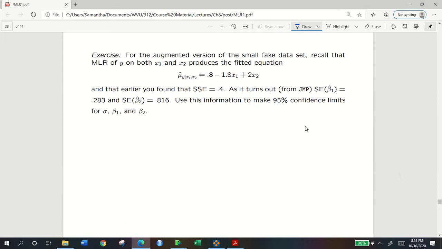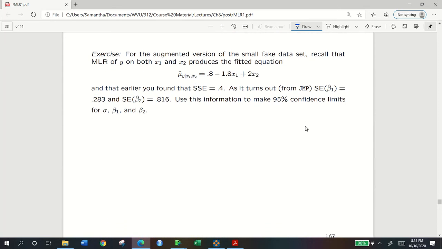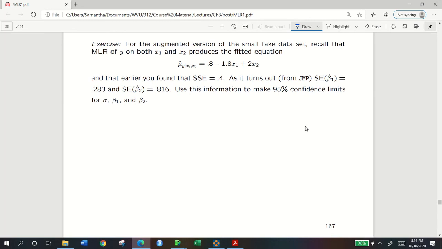And so if we want to do this for our small fake data set, we absolutely can. So let's take a moment and construct a 95% confidence limit for sigma, beta 1, and beta 2. And so for sigma, our confidence interval would be, well, let's see, our root mean squared error for our small fake data set was 0.4472.